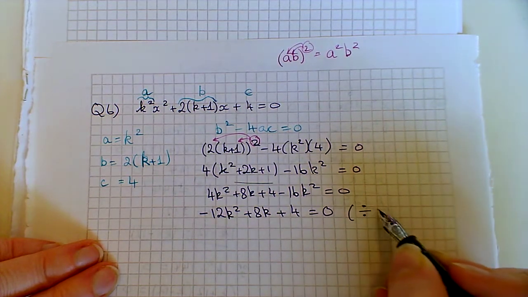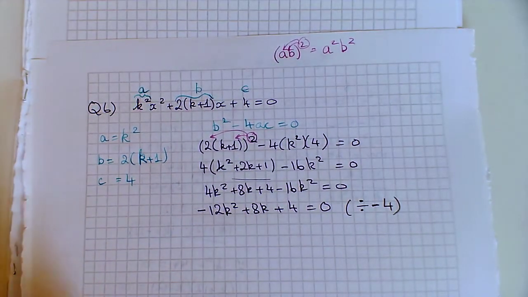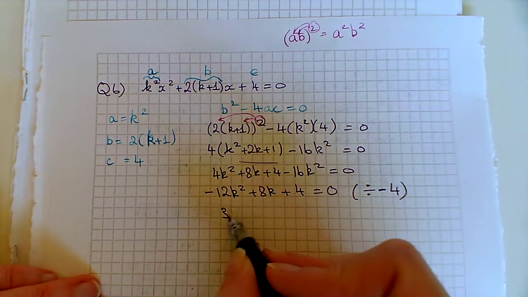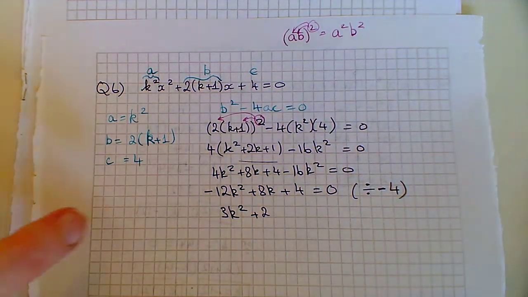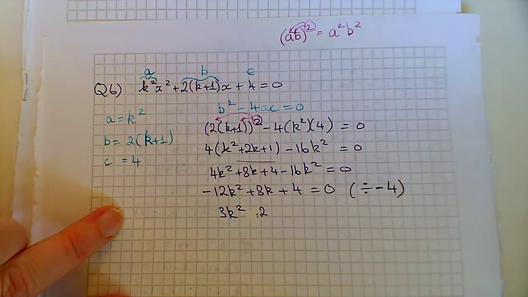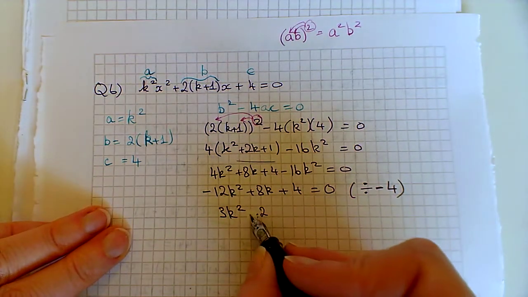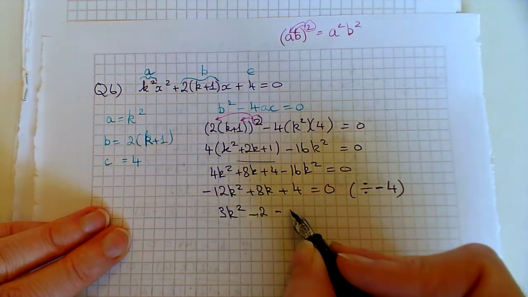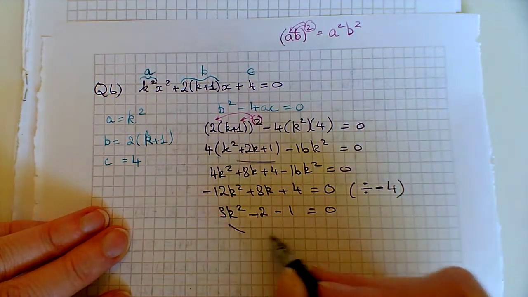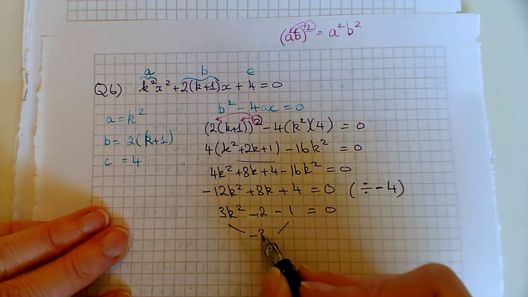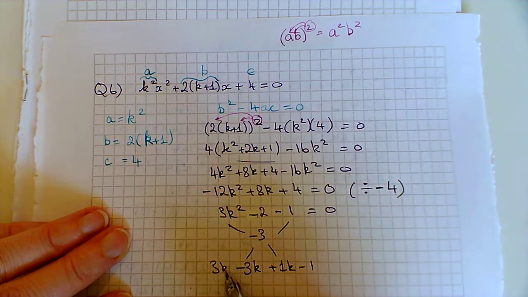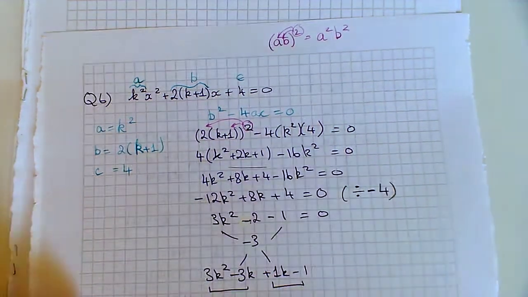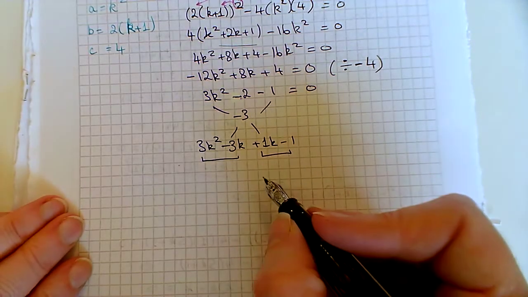And I'm going to divide across by a minus 4 to change the signs and simplify this, giving me 3k squared plus 2, be careful of my signs, changing the signs as well as I go across, minus 2k minus 1 equal to 0. And I can either find my guide number, which is minus 3, and so write this as minus 3k plus 1k, or I could use the minus b formula as well if I find it too difficult to find my factors.